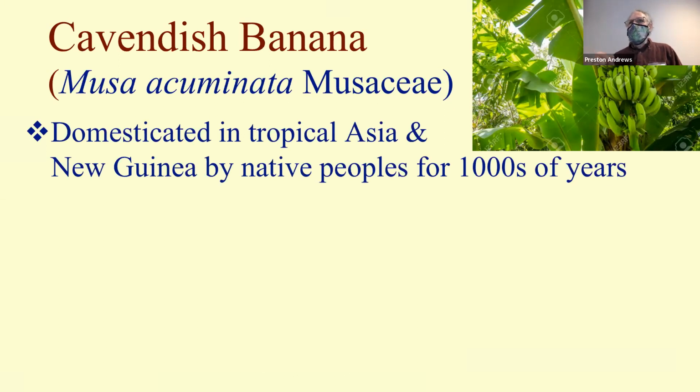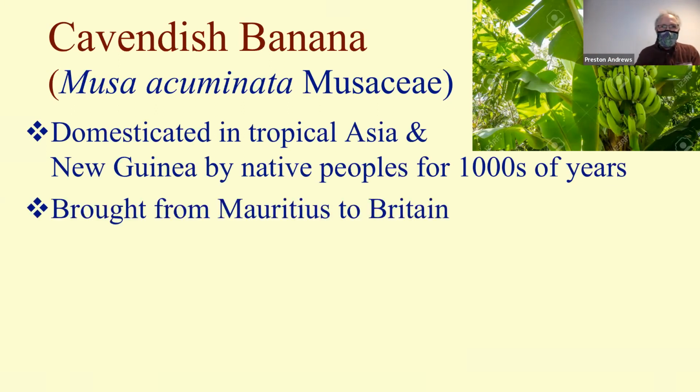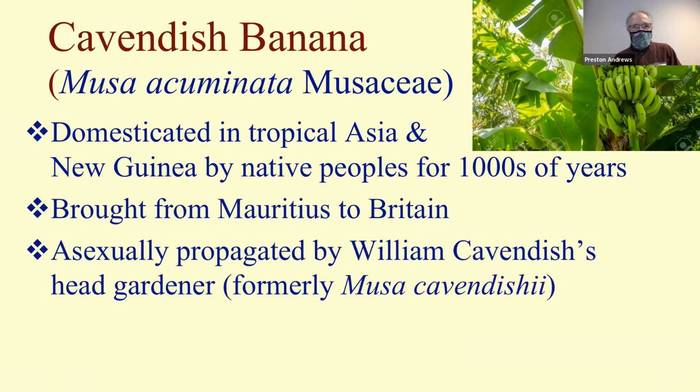So this is just the distribution of native plants all over the world for economic purposes. It was brought to Britain from Mauritius in the Indian Ocean, and it was asexually propagated by William Cavendish, head gardener, and formally it was named after Cavendish, but we took that name away from him.